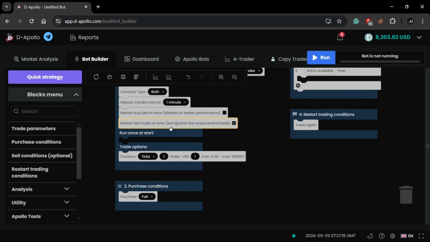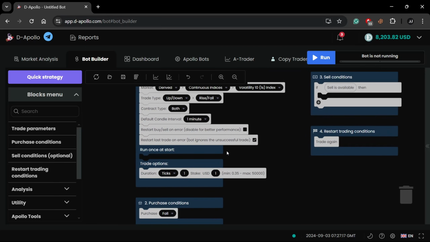Then again, it comes to run once at start. Run once at start basically means these are trading options that will run once, and remember it will never run again in the trading cycle. So maybe where you set your stake, martingale, take profit, something that doesn't change within the trading process.